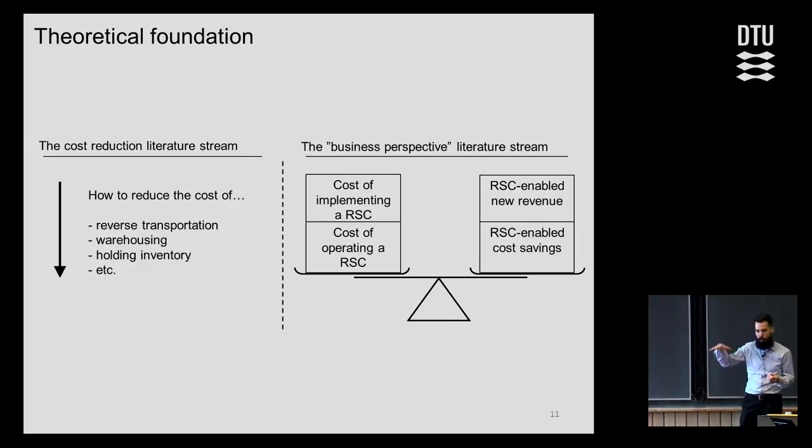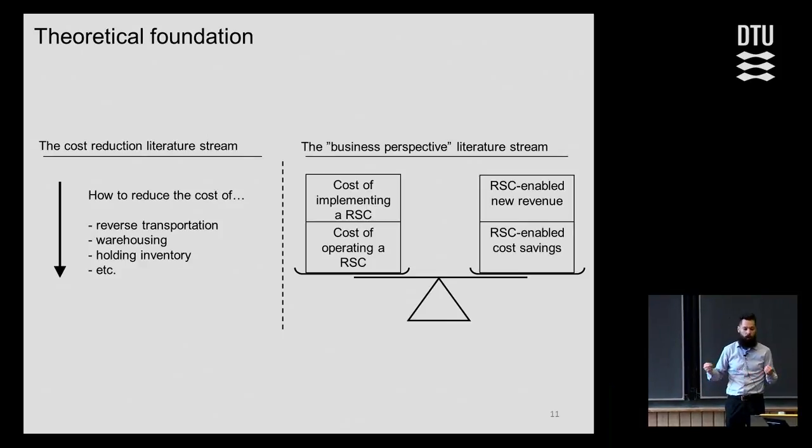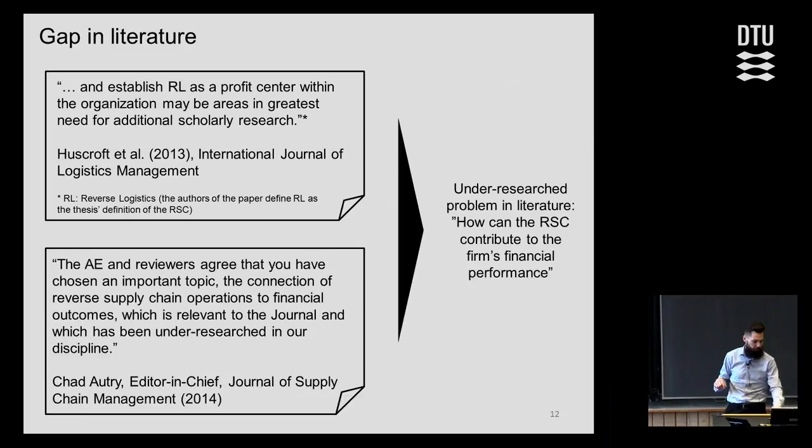So it's not something for which we just need to reduce the costs. We want to find out how we can make money from handling these reverse product flows. And it's this business perspective that's the theoretical foundation of this PhD project.